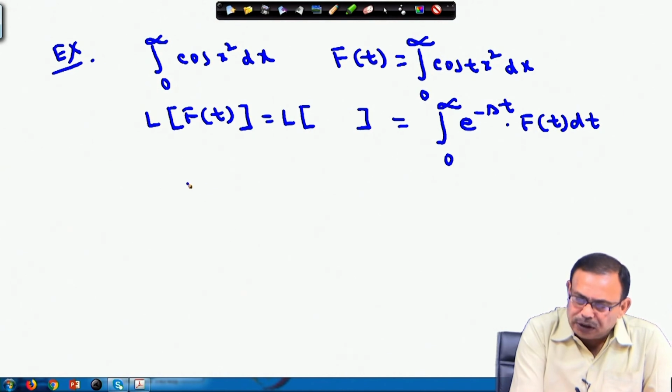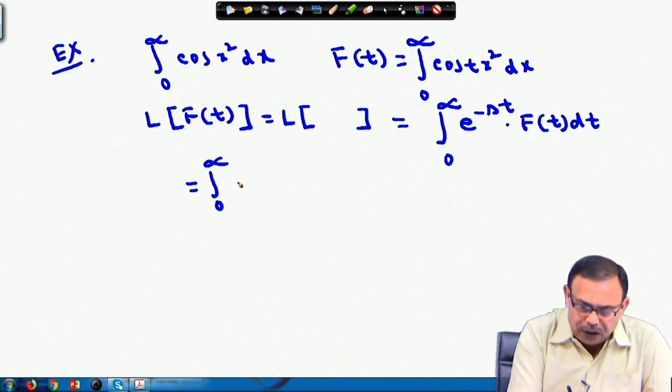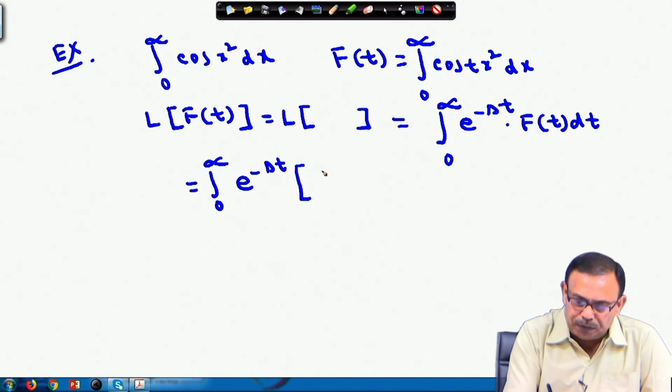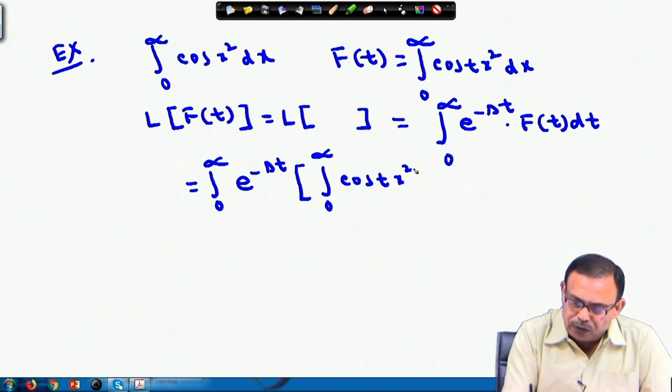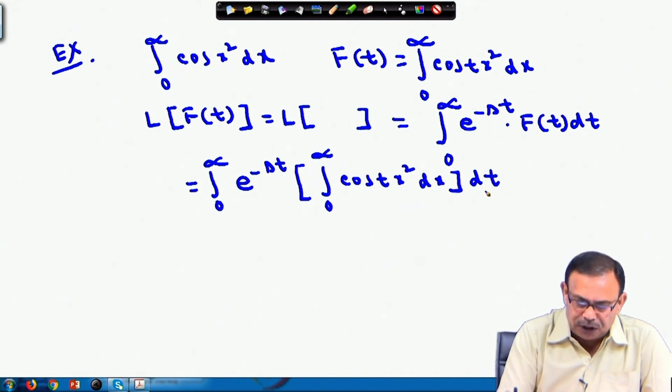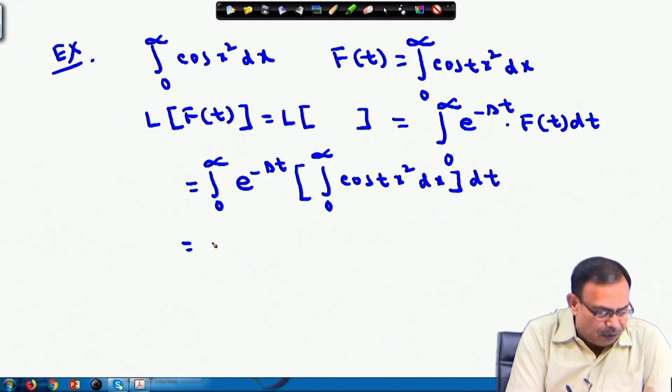Like the earlier case, f(t) is again this integral, 0 to infinity cos of t x square dx. So I am writing 0 to infinity cos of t x square dx into dt. Now I can change the order of the integration, that is, I can integrate dt first and then dx, without losing the properties.